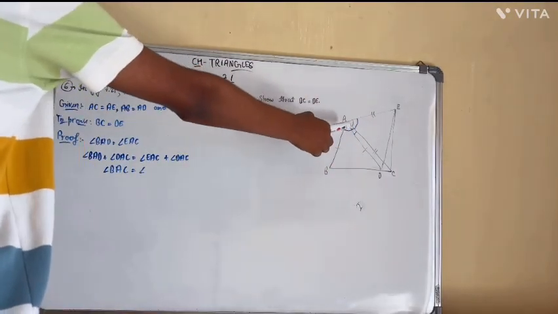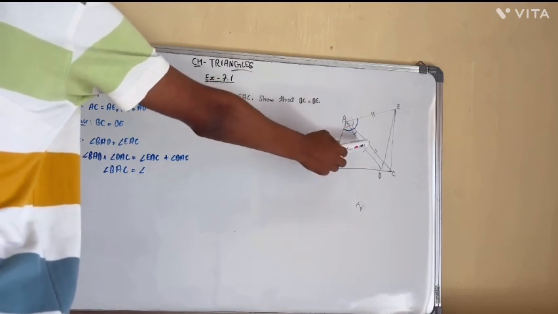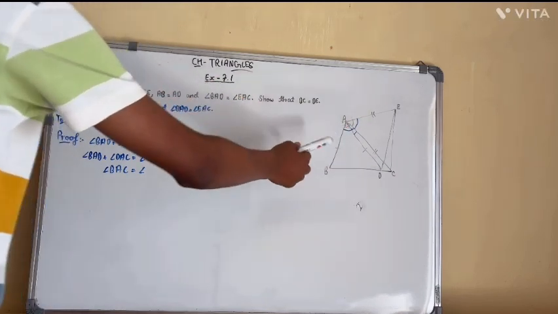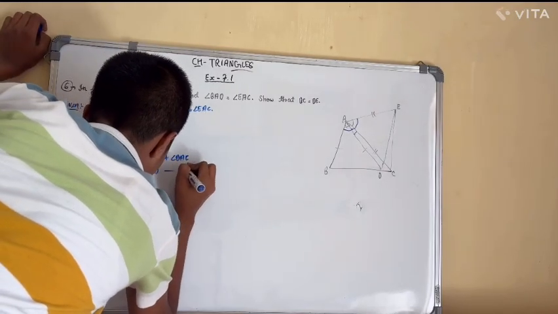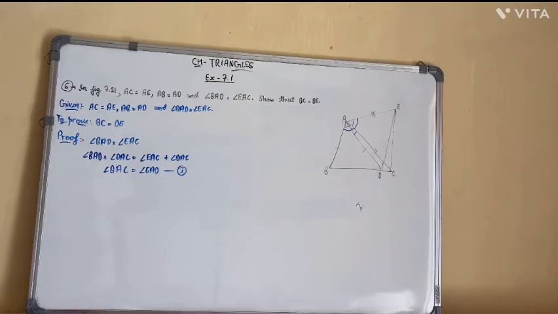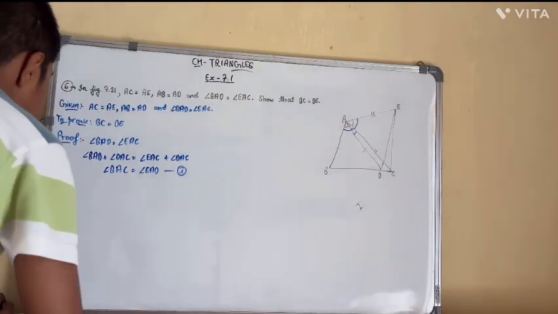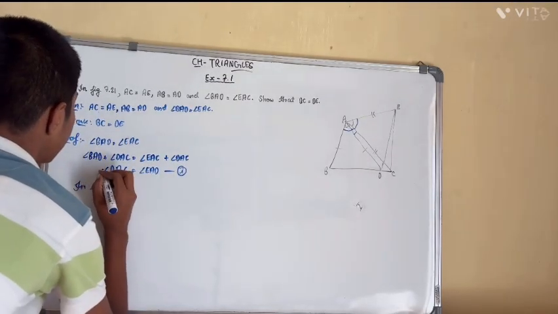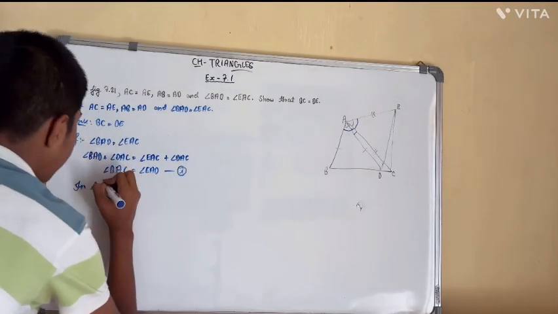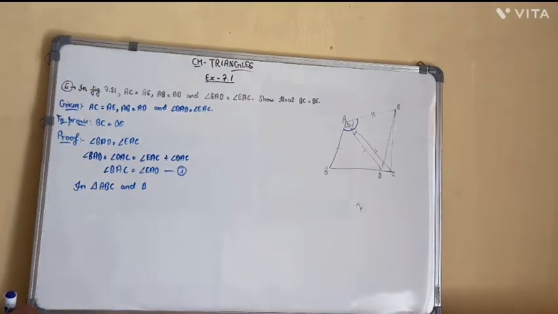Here EAC plus this DAC will be angle EAD. So we will label this as first. Okay, so now we have to prove these two triangles congruent. So I am proving congruence in triangle ABC and triangle EAD.